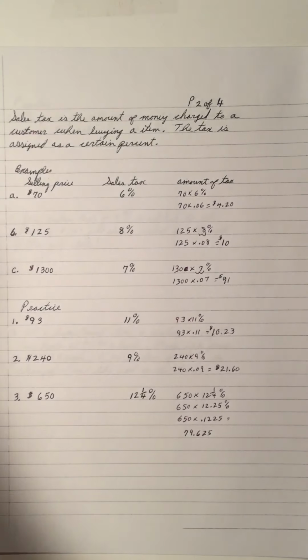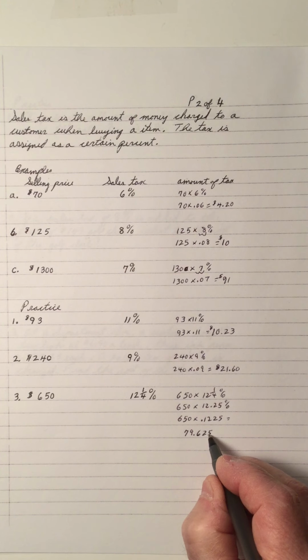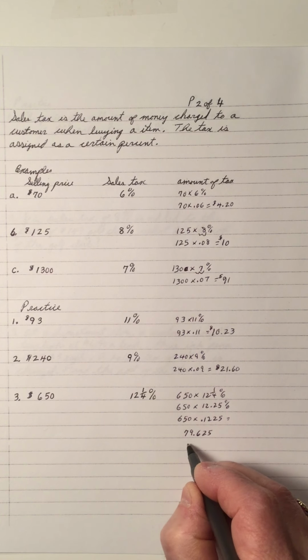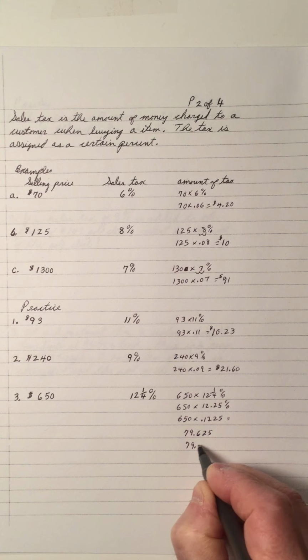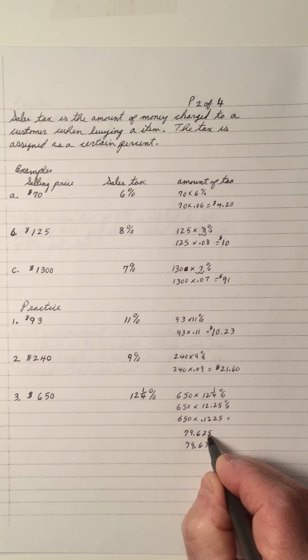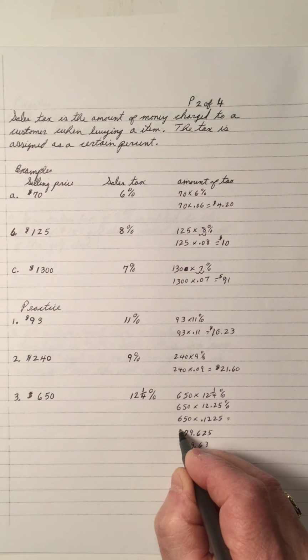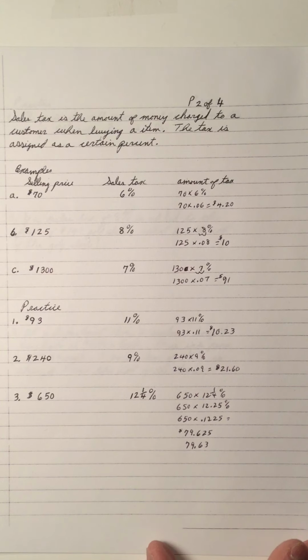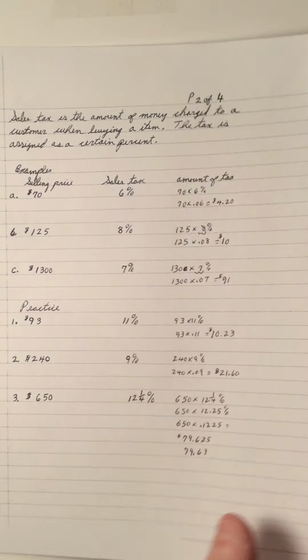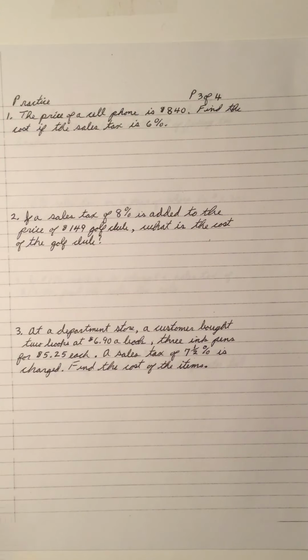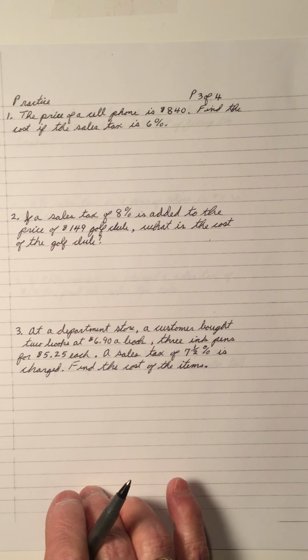We have to round it off to the nearest cent, because the 5 is 5 or greater, we add 1 to the 2, so we get $79.63. The 5 becomes 0. $79.63.